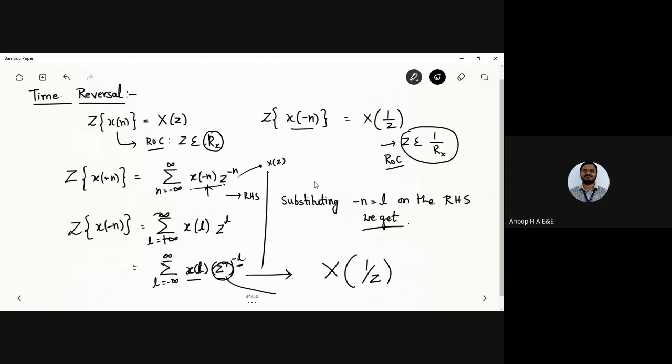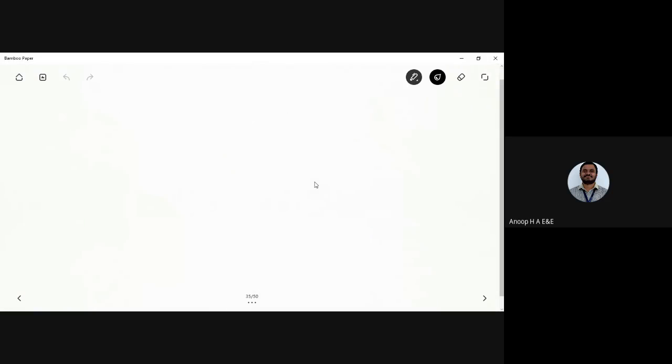So now this is z power minus 1, which leads to x of 1 by z. That is how you can arrive at the time reversal of a given signal, say x of n. Okay, I hope you have understood all the properties related to the z transforms.